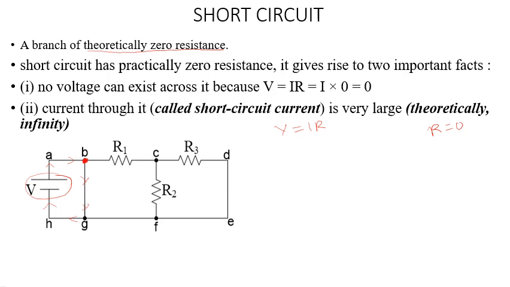That means the voltage in a short circuit should be equal to zero, because even if I is 1000, 1000 multiplied by 0 gives 0. So basically, in a short circuit, the voltage is 0 volts. I will do another video with a simulation showing you why in a short circuit the voltage is 0.